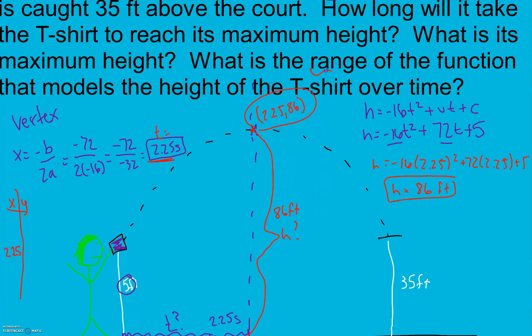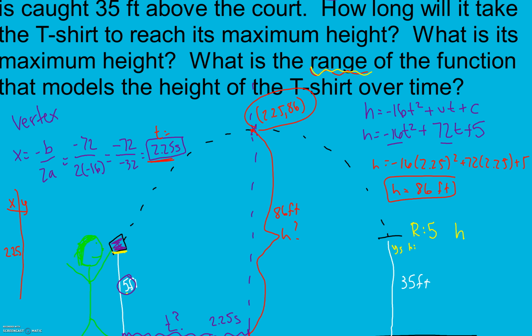Now, we want to know what is the range of the function. And our range, remember, deals with y's. Here they are heights. So our height, okay, the smallest our height could ever be is 5. It gets caught at 35 feet, so it never comes back to the court. The smallest it could be is 5.